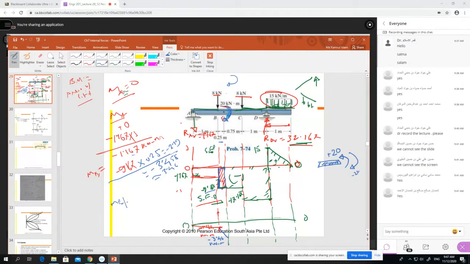So at E again, suppose at the right side, the left side will be plus 20. So what will happen? Minus 3.467 plus 20 equals 16.4, 16.5.